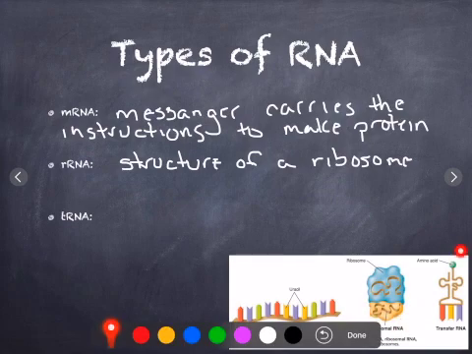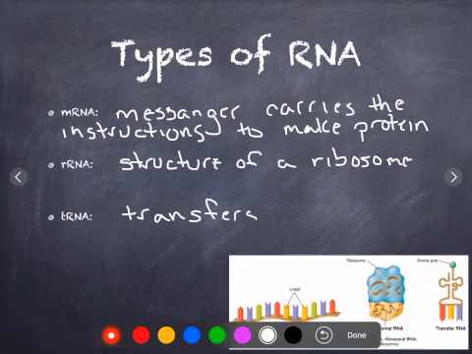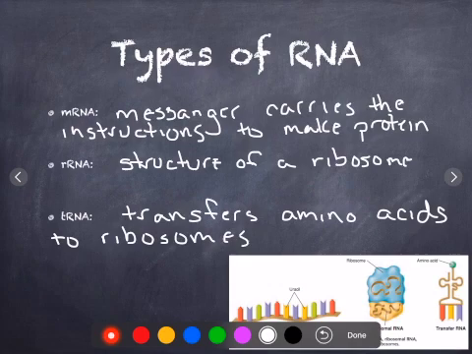Now, the transfer RNA takes this T shape, and this is what transfers amino acids to the ribosomes to make our protein. So these transfer RNA contain our anticodon.